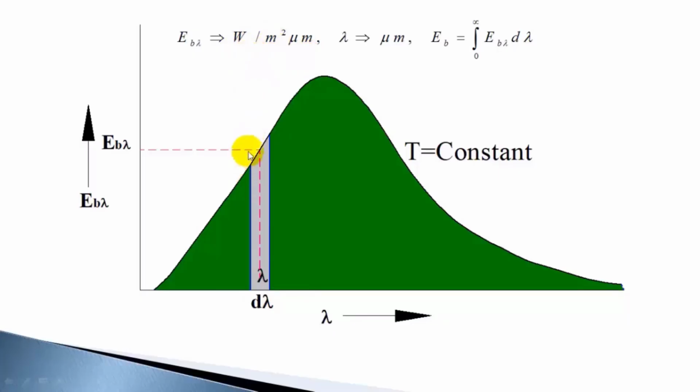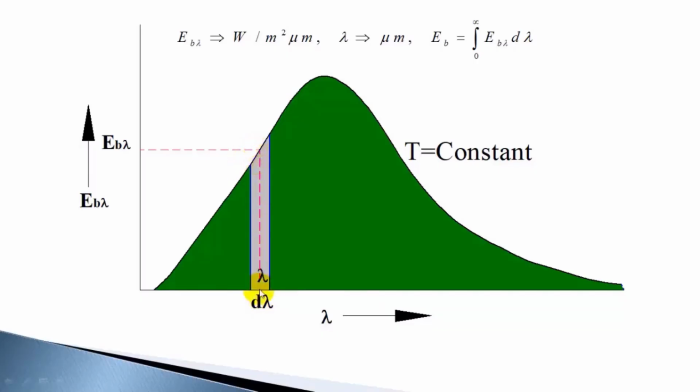So once you know the monochromatic emissive power at one particular wavelength, if you multiply by d lambda, a differential wavelength around this, that will give the energy emitted from the surface of the body per unit area, per unit time from this differential wavelength range.